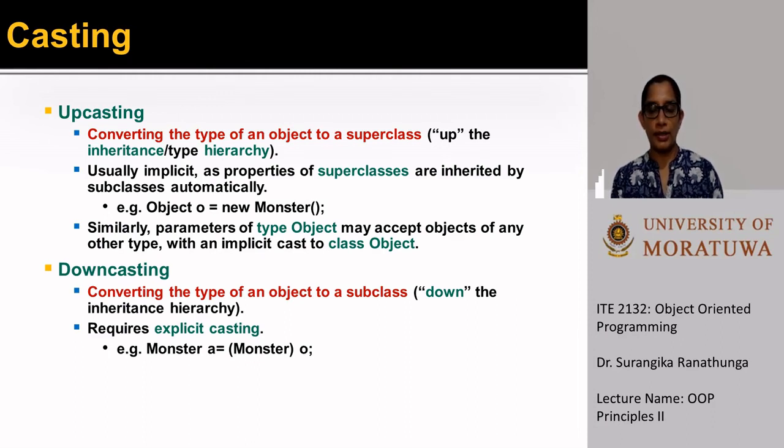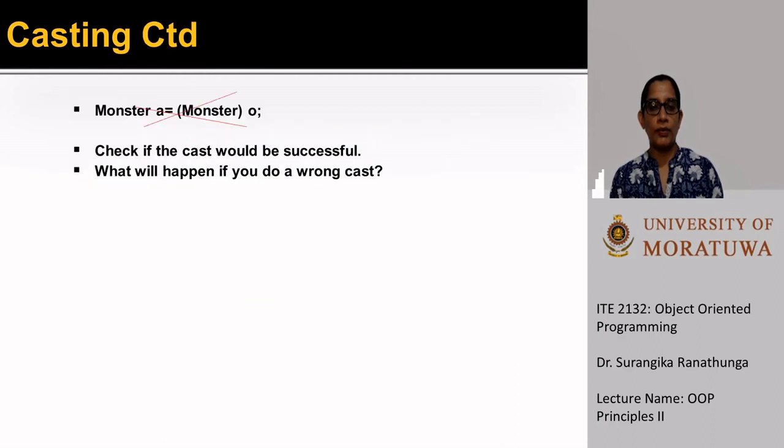So every object has an actual type, but depending on its reference, it can act as a superclass type. Because of that, before downcasting an object, first check what is the actual type of that object. You can do that by checking the object type. And if you do a wrong casting, we will get an exception which we call the class cast exception.